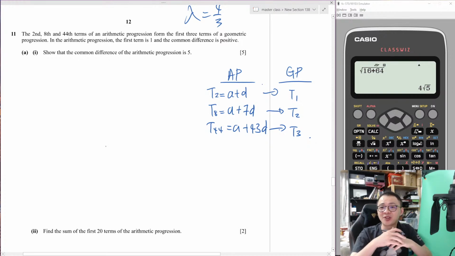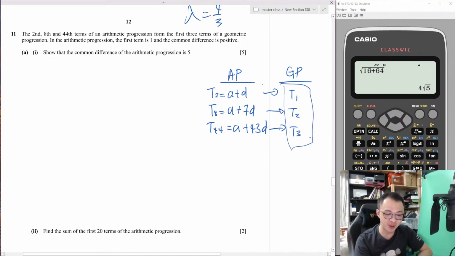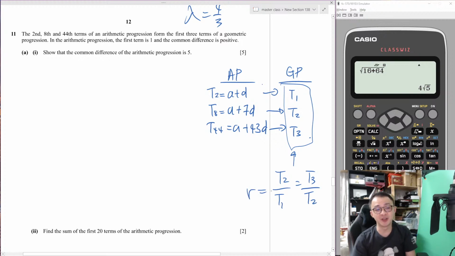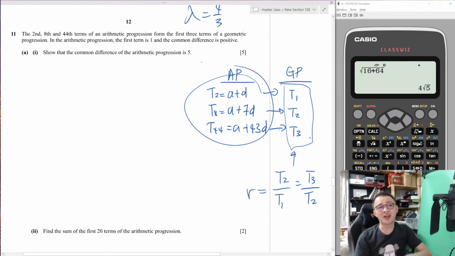In order to solve this one, I need to do something with the GP. At the GP, we know one way we can form the equation, which is the second term divided by the first term equals the third term divided by the second term. This is our formula for GP. Why do I want to do this? Because I have so many unknowns here.